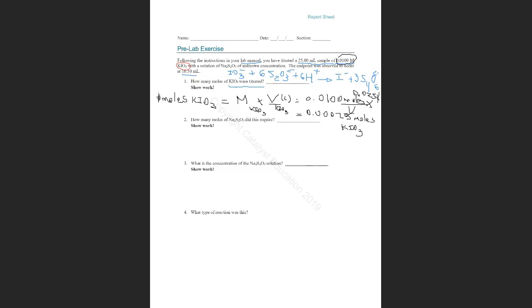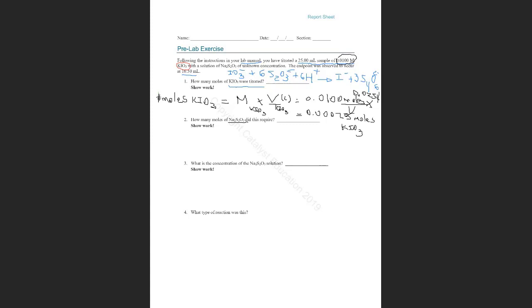Very good. So to make it simple, we calculate the number of moles by multiplying molarity by the volume in liters of this solution. Very good. The second question, how many moles of thiosulfate did this require? How do we do that?